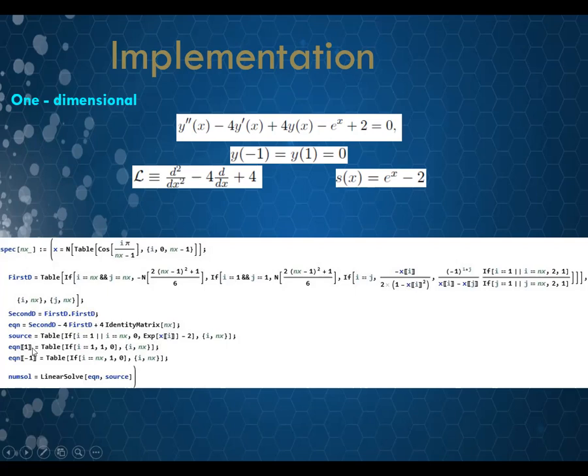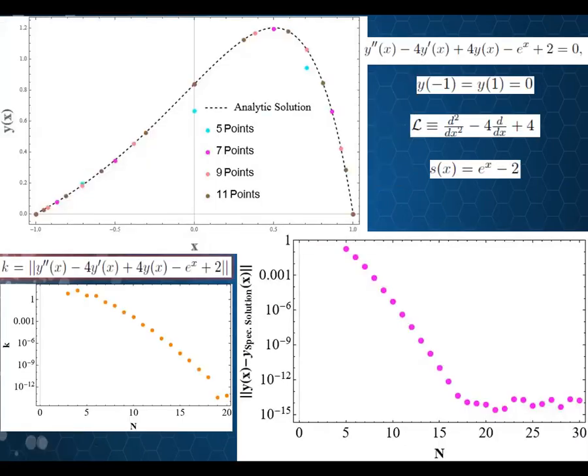Replace the first row and the last row by the proper values 1 and 0 to apply the boundary condition. Now using the LinearSolve command of Mathematica, you can find the value of y at each grid point as a solution of this differential equation. And this is the result.